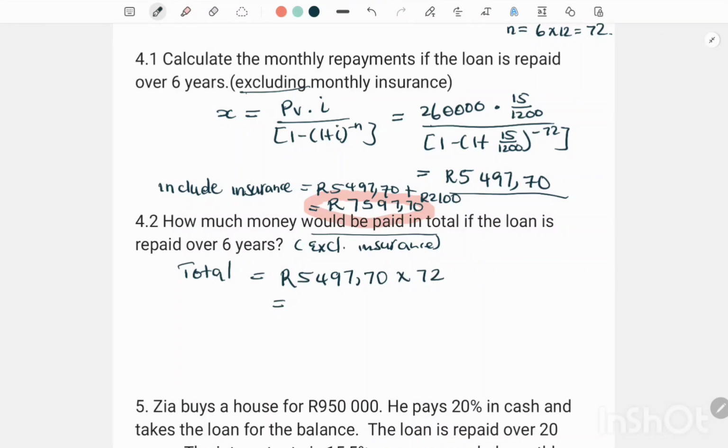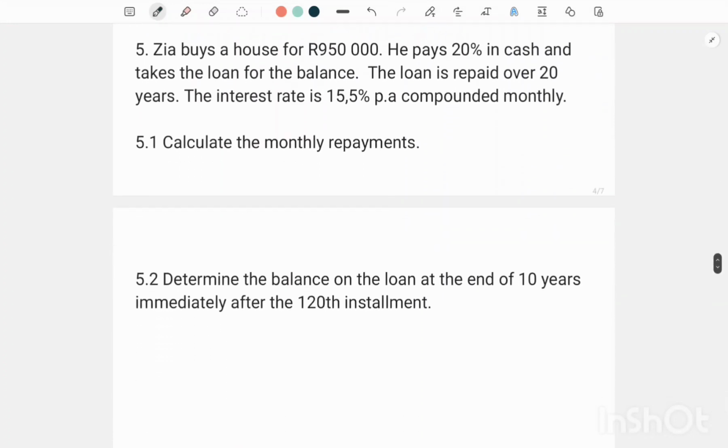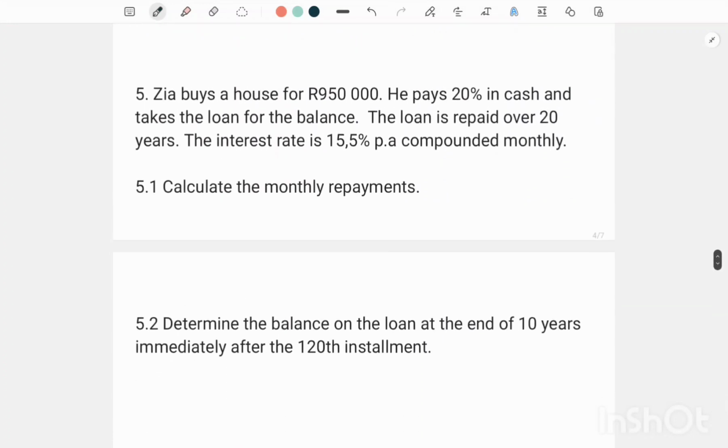Then the answer is going to be 395,834.40. So this is what he is expected to pay over 6 years, while the loan was just 260,000. Good. Let's continue.